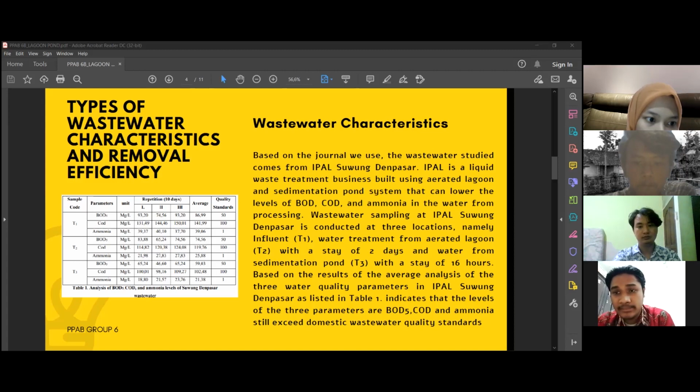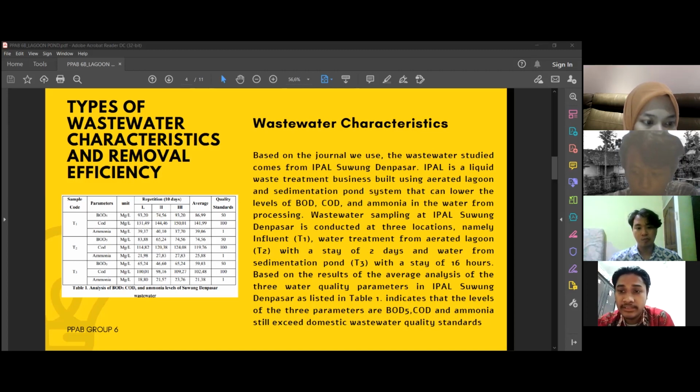Wastewater sampling at IPAL Sungai Denpasar is conducted at 3 locations, namely Influent T1, water treatment from aerated lagoon T2, with a stay of 2 days, and water from sedimentary pond T3, with a stay of 16 hours.